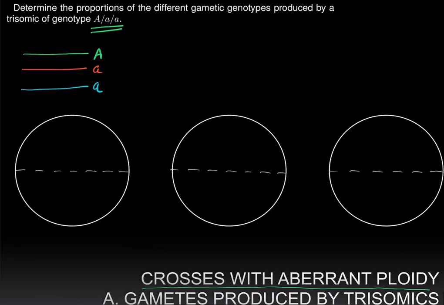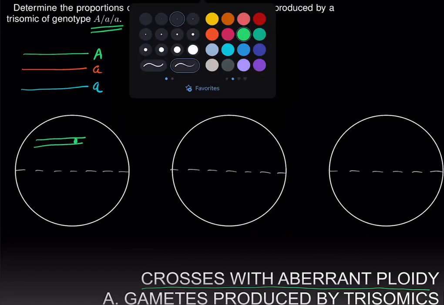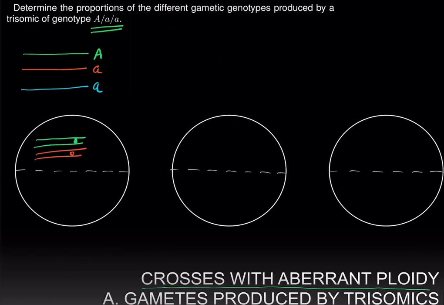Now recall that when you have meiosis in a trisomic, two of the non-sister chromatids, let's say the green and orange ones, will segregate to one pole, while the third one will segregate to the second pole. And this will result in one gamete having two chromosomes and the other gamete having only one chromosome.